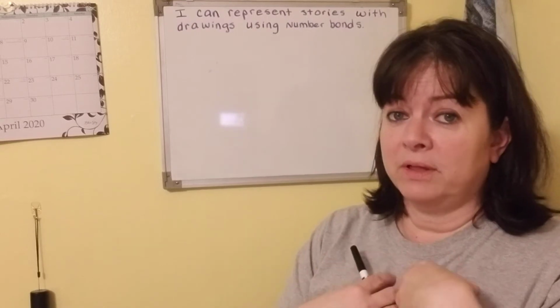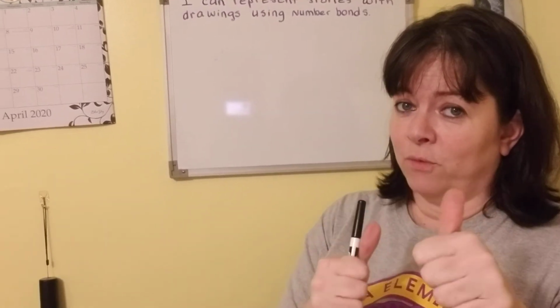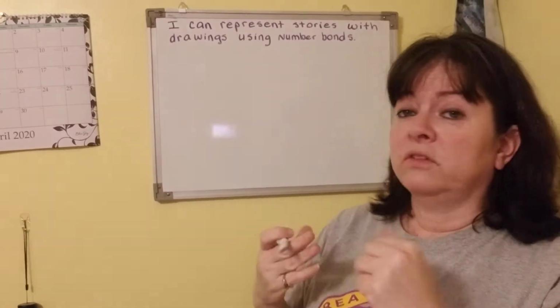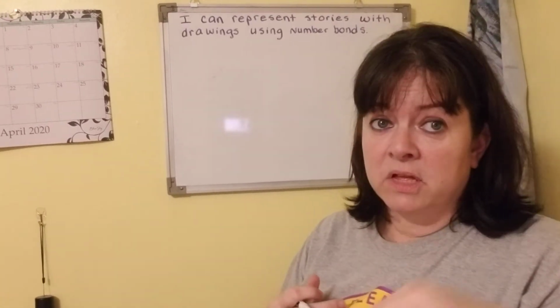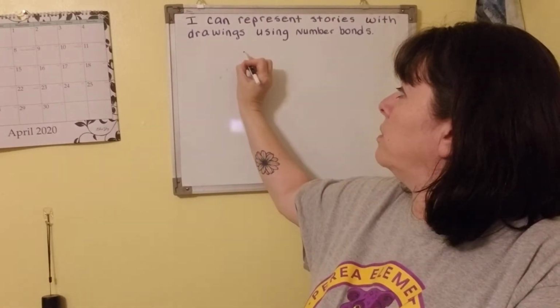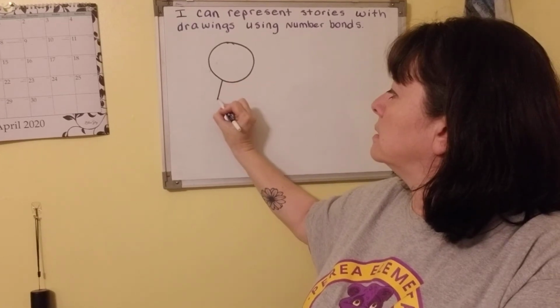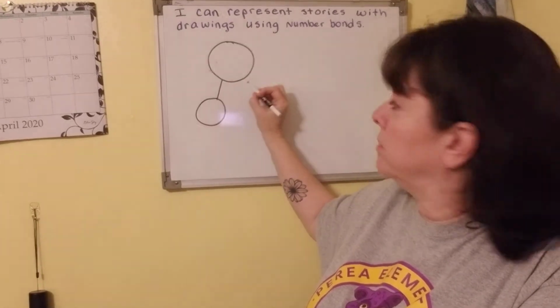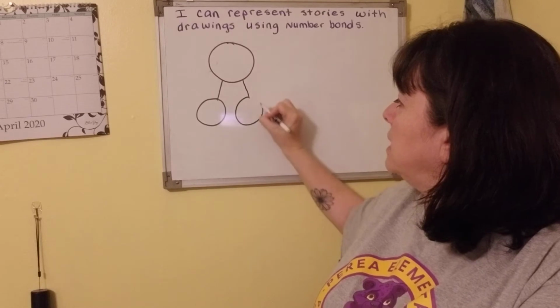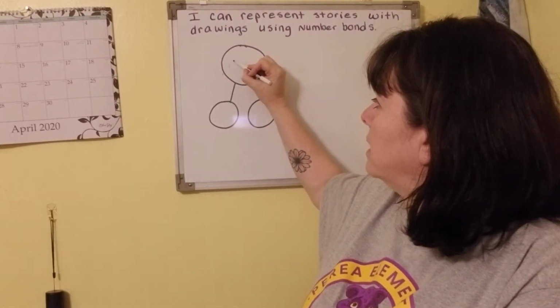So I'm going to use one of mine that my kids in K4 know very well. So I have 4 dogs. Okay, so in my number bond story, my whole is going to be 4 dogs. So I can draw them.